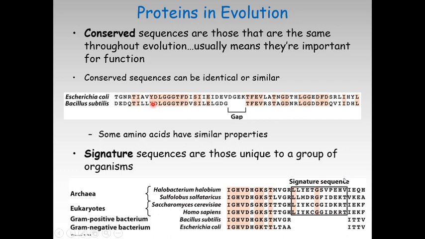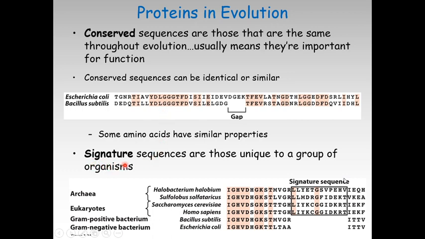For example, V and L: V is valine, L is leucine. I and V, isoleucine and valine. L and I, leucine and isoleucine. These are similar because they are hydrophobic and share similar properties, and hence are also conserved. So that's the example for conservation.